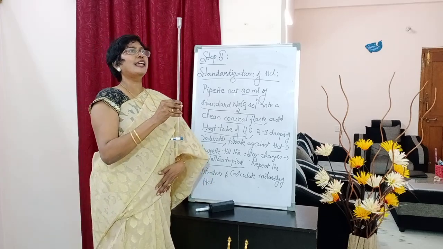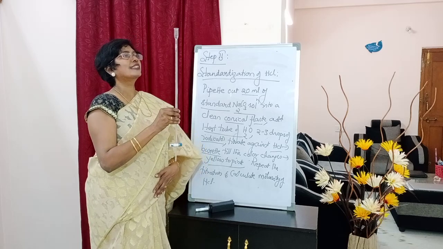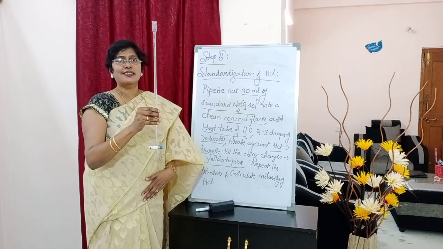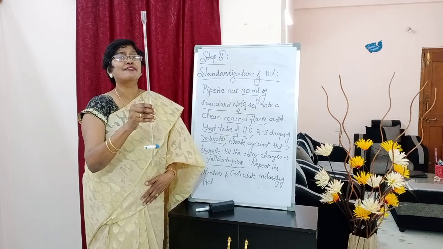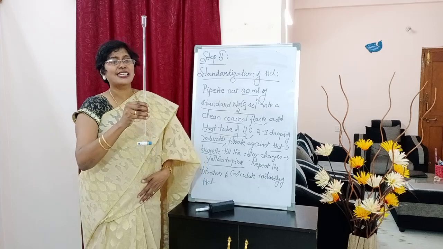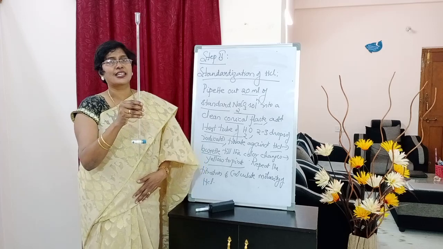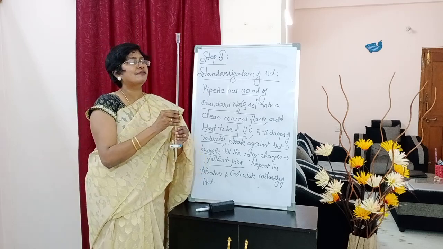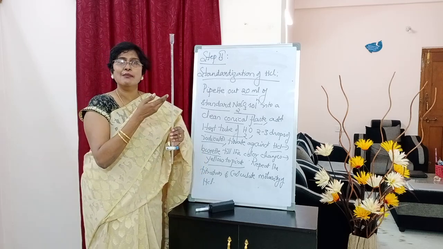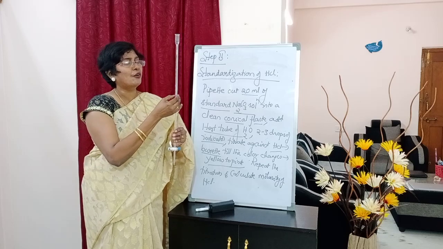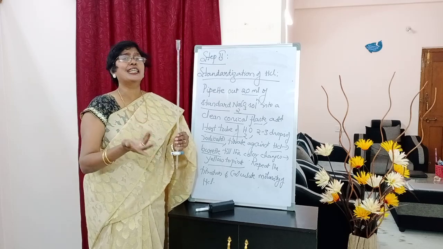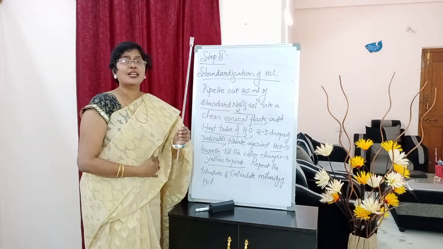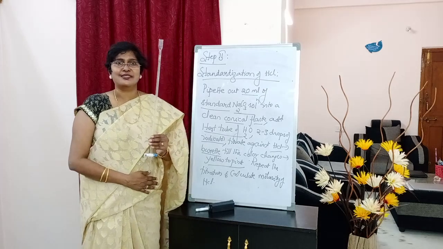Don't try to look at the reading keeping the burette fixed to the stand. Kindly remove the burette from the stand and check the reading. How much ml, is it 4 ml or 5 ml or 10 ml or 20 ml, is used for neutralizing Na2CO3.